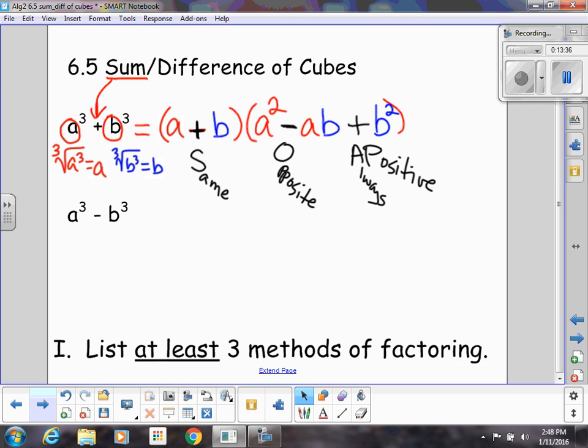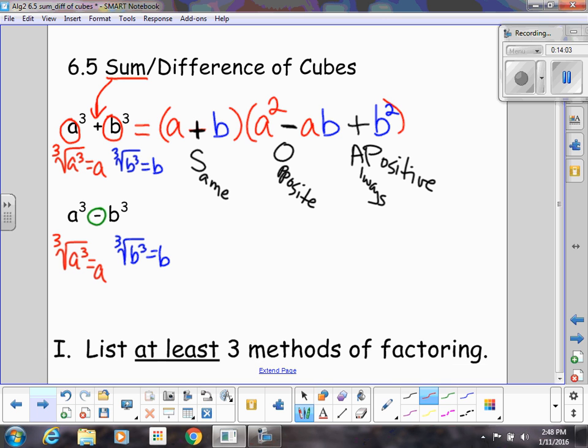Okay, so I'm going to do the same thing, but now with the difference of cubes. The difference means I'm doing minus in between, but it follows the same pattern. I'm going to take the cube root of a cubed, and that gives me a. And the cube root of b cubed gives me b.